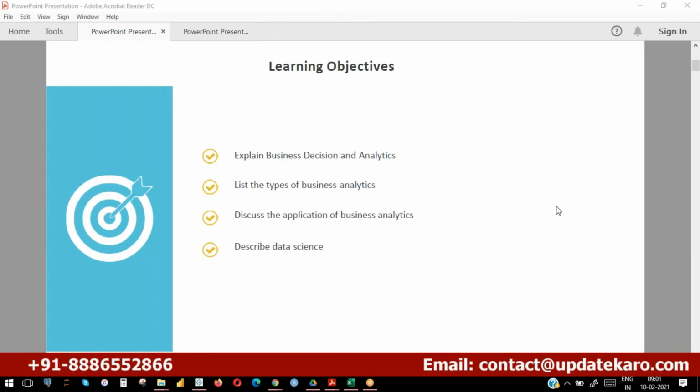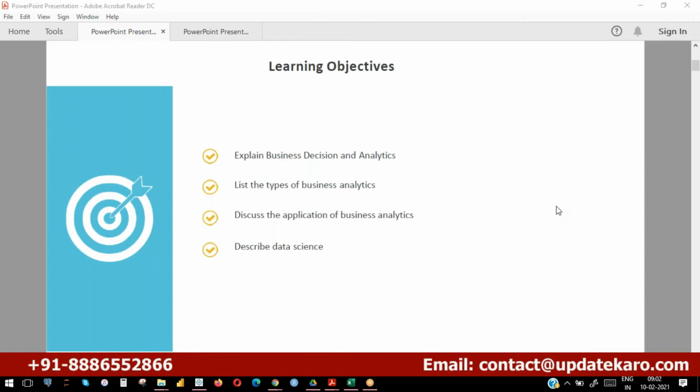If you don't have data, you cannot perform any analysis, first of all. And second thing, to aid our analysis, we need tools. What are those tools that we are going to use here?